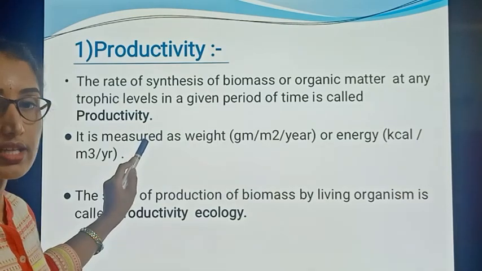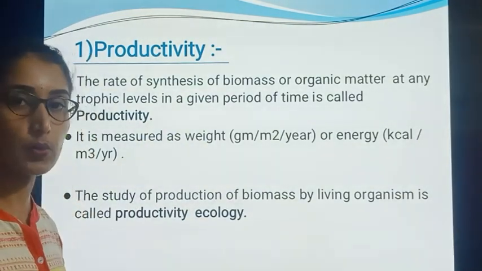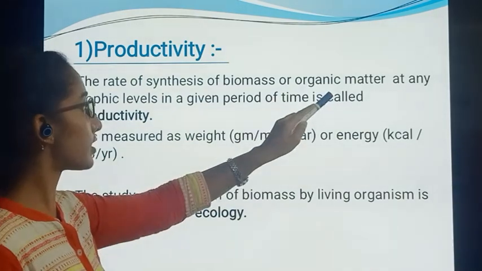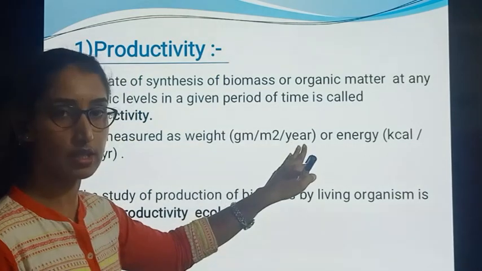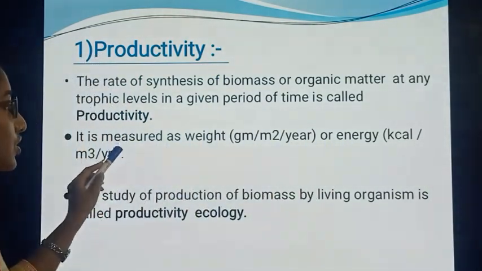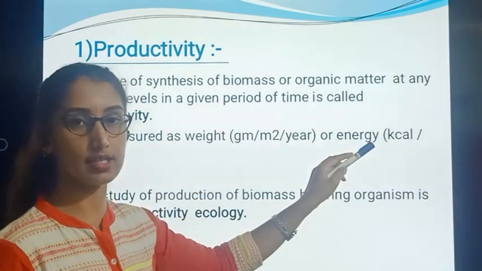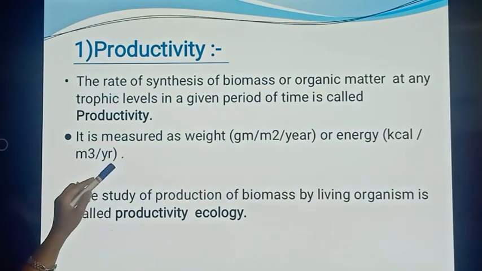Productivity is measured as weight, gram per meter square per year. As we said, it is for a given period of time. We have taken per year, or it can also be measured in the form of energy, that is kilocalorie per meter cube per year.